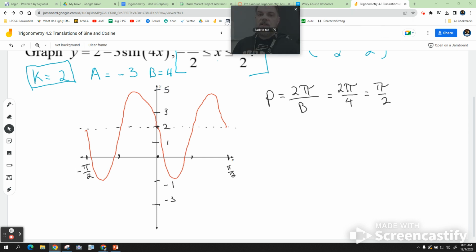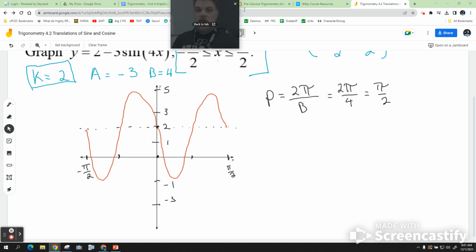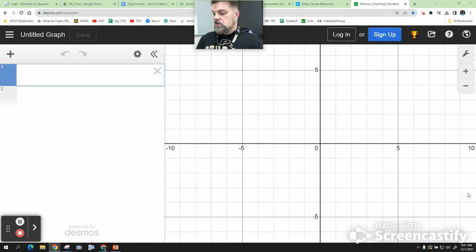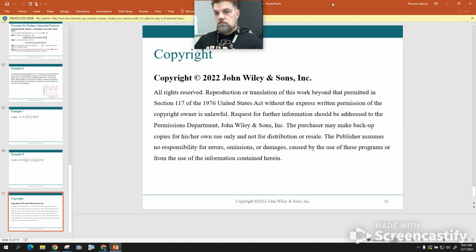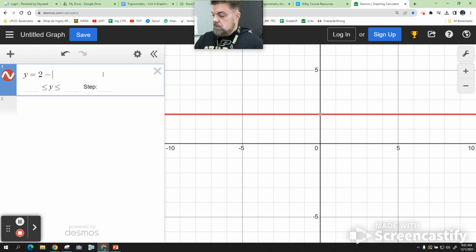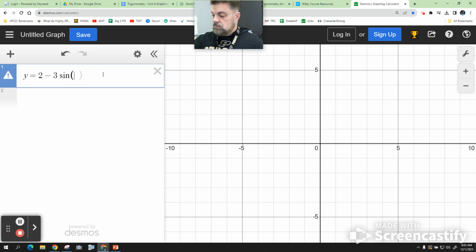Now, how do I double check to make sure I did my work right? Yeah, I'm just going to graph it. That's it. I'm just going to graph it. So that was y equals 2 minus 3 sine of 4x.